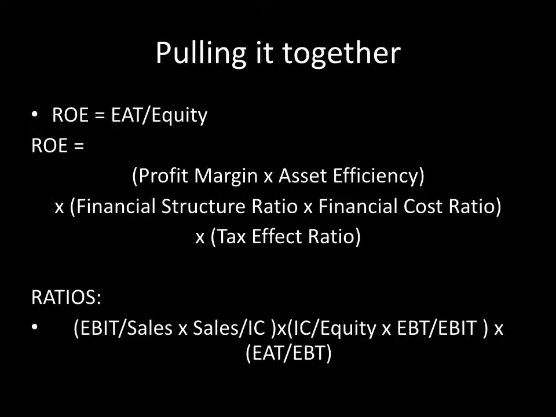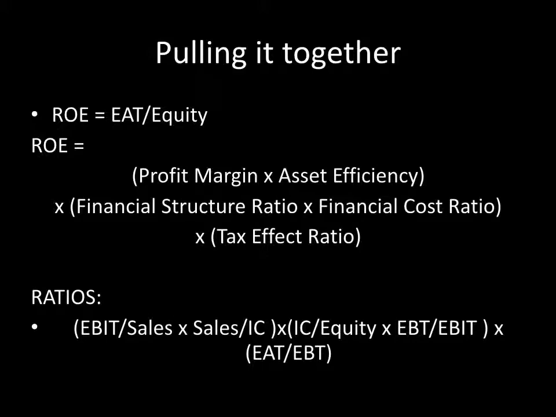So if we were to look at the specific ratios, you'd see that it would be EBIT divided by sales, that's our profit margin, times sales divided by invested capital, that's our asset efficiency. That result times invested capital divided by equity, which will be our financial structure ratio, times a ratio we'll call EBT divided by EBIT, earnings before taxes divided by earnings before interest and taxes.